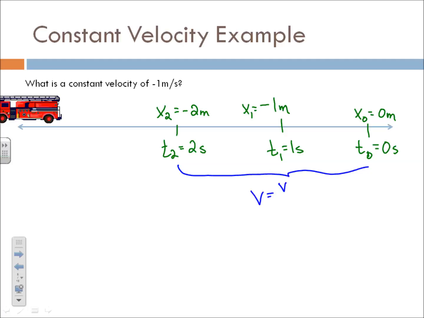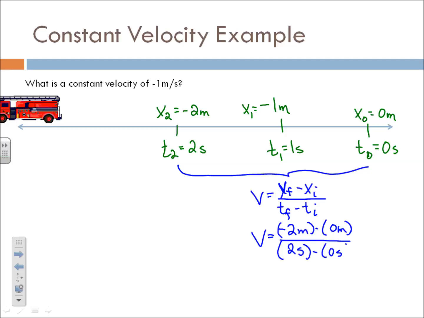Remember, it's final position minus initial position divided by final time minus initial time. My final position is negative 2 meters, initial was 0 meters, 2 seconds and 0 seconds.